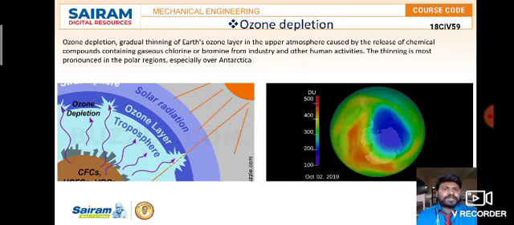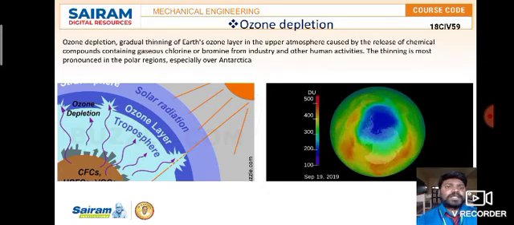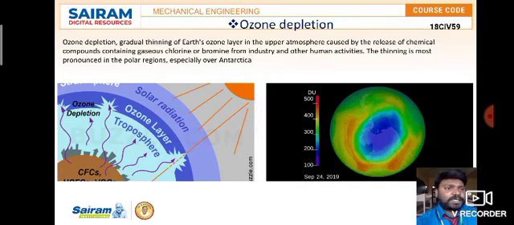Ozone depletion is the gradual thinning of Earth's ozone layer in the upper atmosphere caused by the release of chemical compounds containing gaseous chlorine or bromine from industry and other human activities. The thinning is most pronounced in the polar regions, especially over Antarctica.